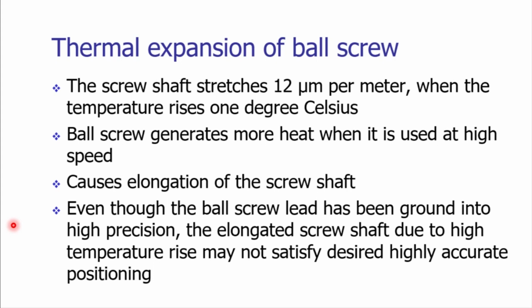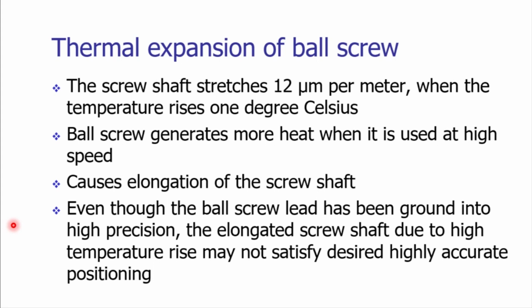So we need to consider the coefficient of thermal expansion of the ball screw, and we need to continuously monitor the temperature of the process. So a screw shaft stretches say about 12 micron per meter when the temperature rises by 1 degree Celsius. 12 microns per meter is the coefficient of thermal expansion of a typical ball screw.